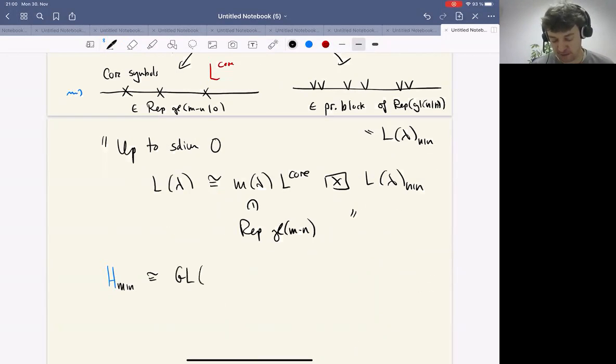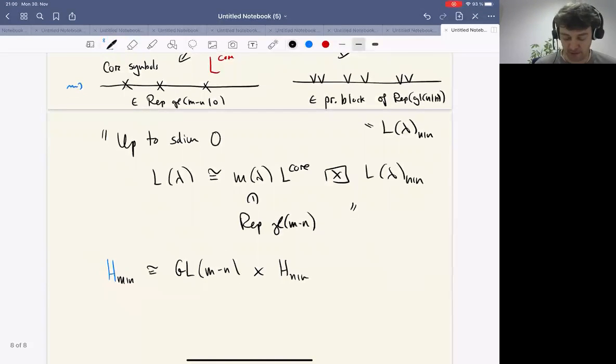It is GLM minus N direct product with HNN. And I said we often just control only the connected derived subgroup, the same statement for the connected derived subgroups.